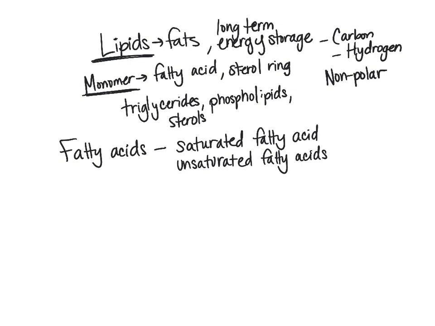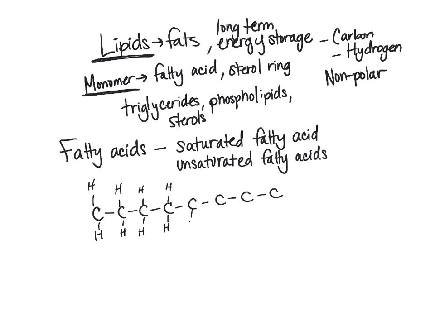When we look at a fatty acid, really what we're looking at is a whole bunch of carbons. So it's a carbon chain. And our carbon chain has a bunch of hydrogens attached to it. Let me get my hydrogens in here since I drew so many carbons.